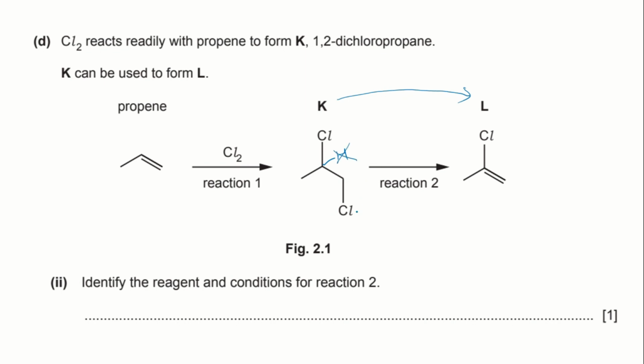So remove this H, remove this Cl, we get L from K plus HCl. This is an elimination reaction from halogenoalkane to an alkene. So the reagent and conditions used in reaction 2 will be sodium hydroxide in ethanol. Condition will be heating.